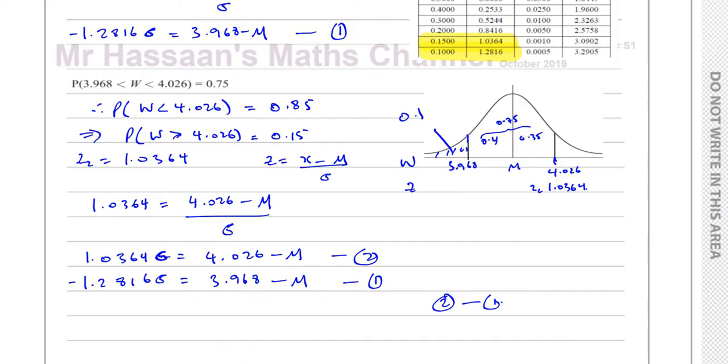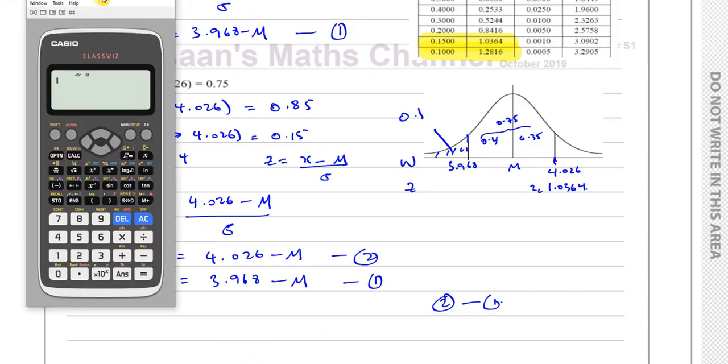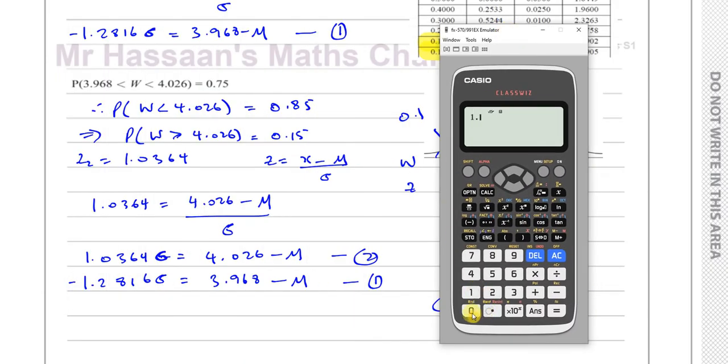Let me put this in the calculator. 1.0364 minus minus 1.2816, so it's going to be plus, because you're basically adding them together, gives me 2.318.